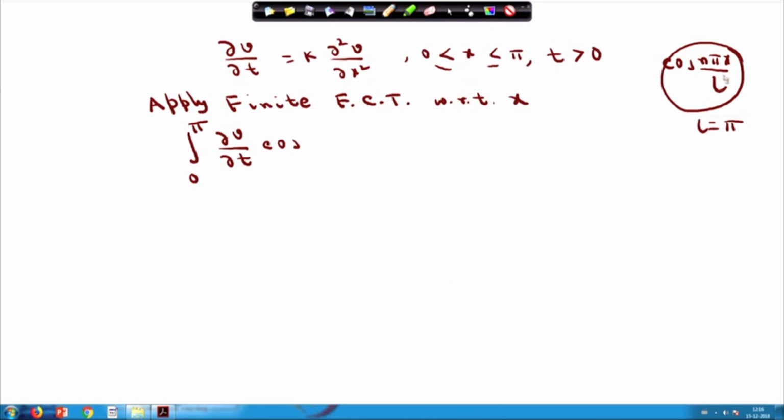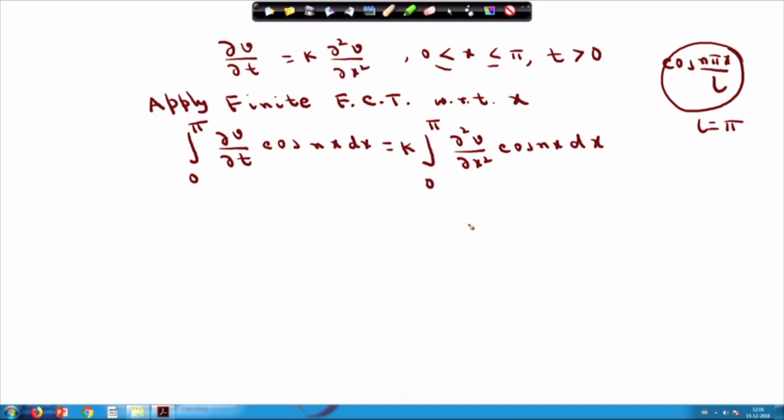So, this pi will be cancelled and this will become only cos n x dx. Left hand side will be this, and on the right hand side you will have k into integral 0 to pi of del 2 v del x square into cos n x dx.